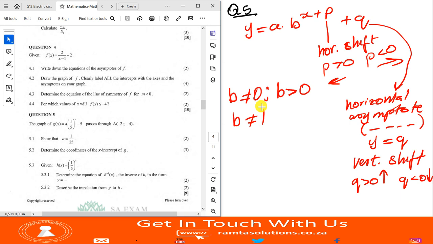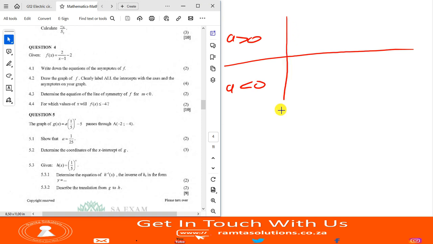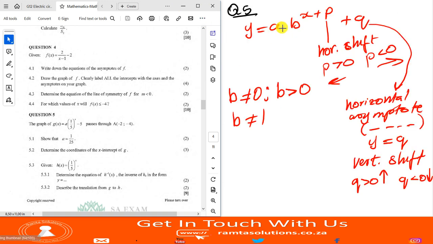Now, the summary that you need is this. When a is positive, when a is negative, and when b is greater than 1, and when b is greater than 0 but less than 1. Remember, a is the coefficient of whatever is to the power x.